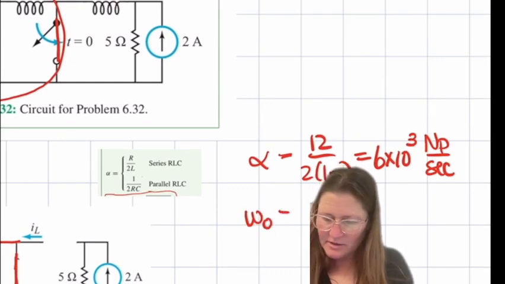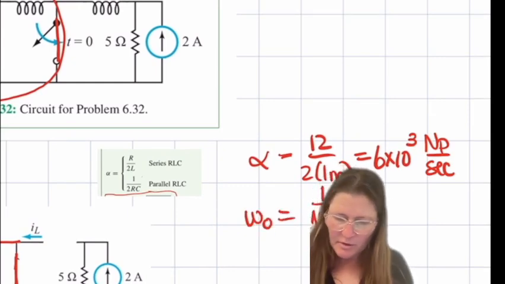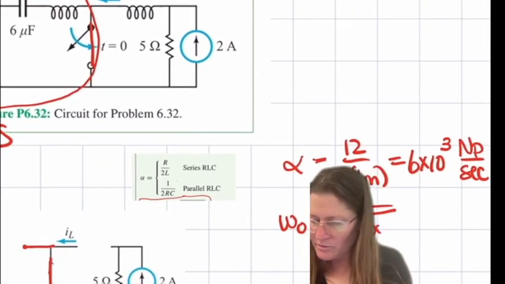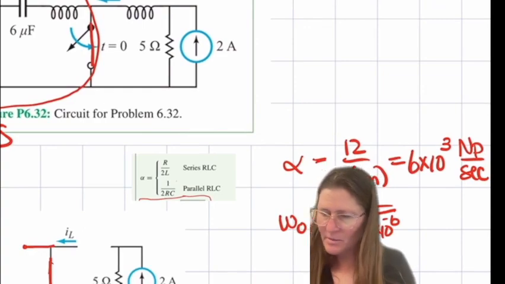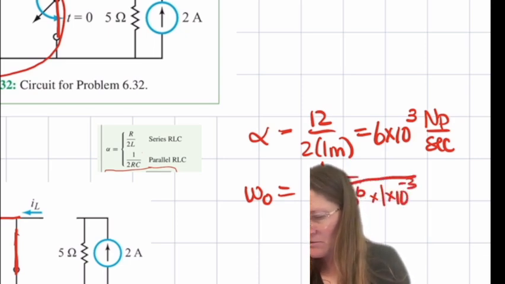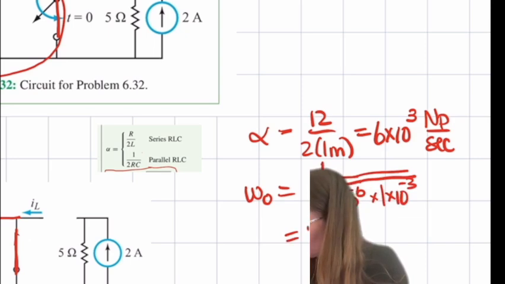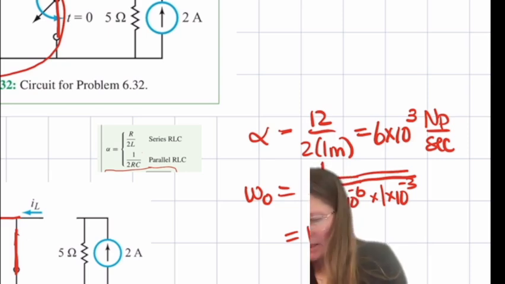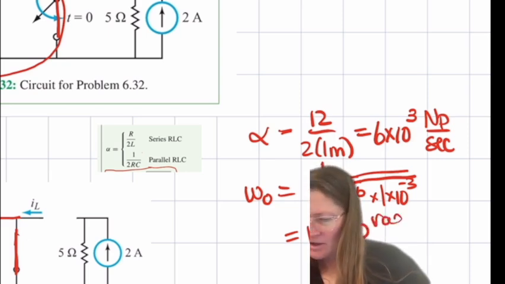And omega naught is going to be 1 over the square root of 6 micro, which is 10 to the minus 6, times 1 milli, which is 10 to the minus 3. So that ends up being 12,910 radians per second.